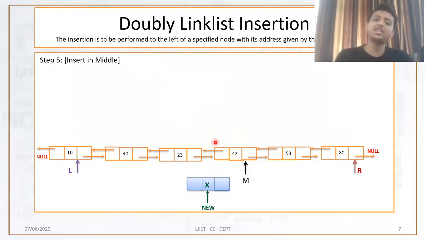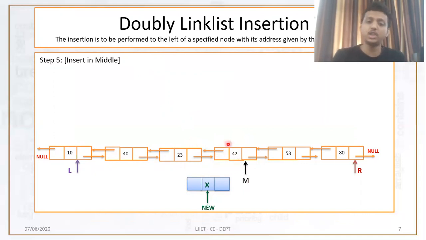So what is the name of 23? Name of 23 should be LPTR of M, because left pointer of M is pointing to 23. Fine.